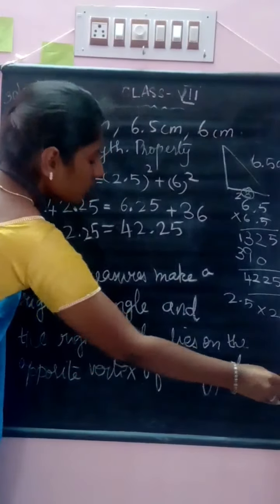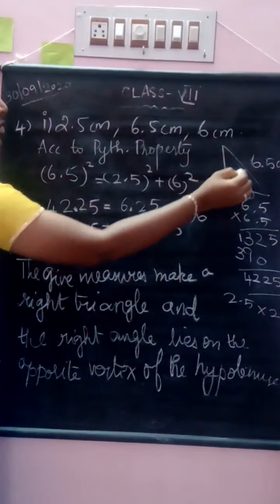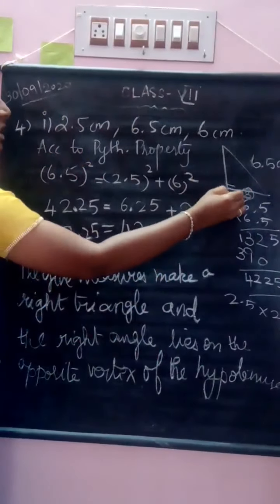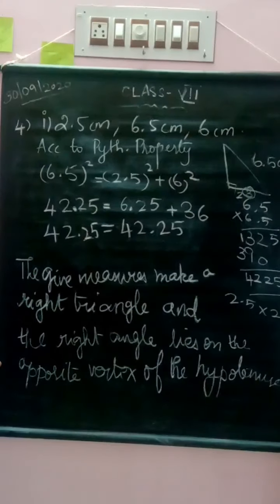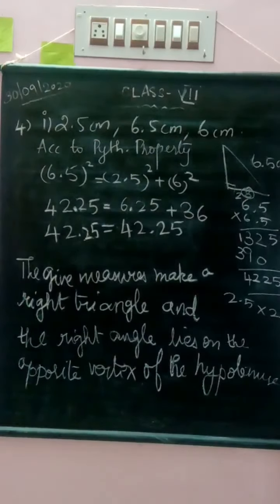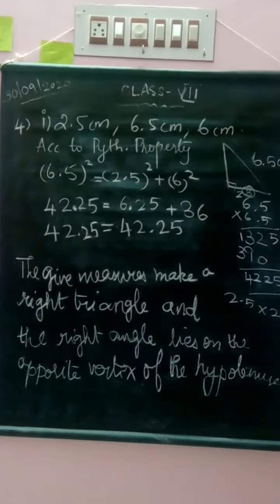Clear, all of you? So this is the hypotenuse. The vertex which is opposite to this hypotenuse is the right angle. Okay? So clear, children? Go through the sum once again and try to understand it properly.